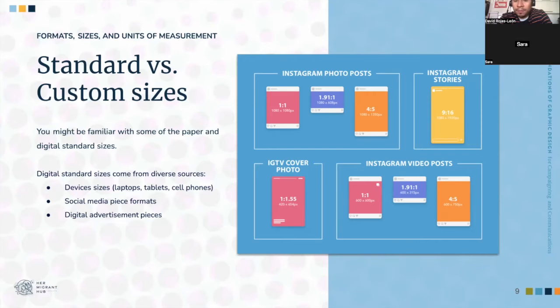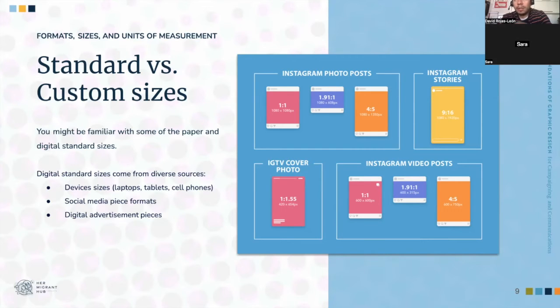So most of these actually come from proportions of physical materials. If you see the four by five, I think it's the same ratio as a letter format. And then you have a square, which is close to a legal format. It's not the same size, but the proportion is very similar.